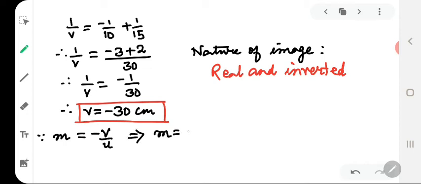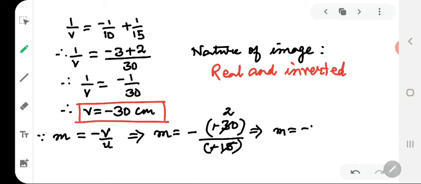So m is equal to, minus sign is outside, let's put the value of v, that is minus 30, and the value of u is minus 15. So we cancel out the negative values. 15 twos are 30, which implies m is equal to minus 2.